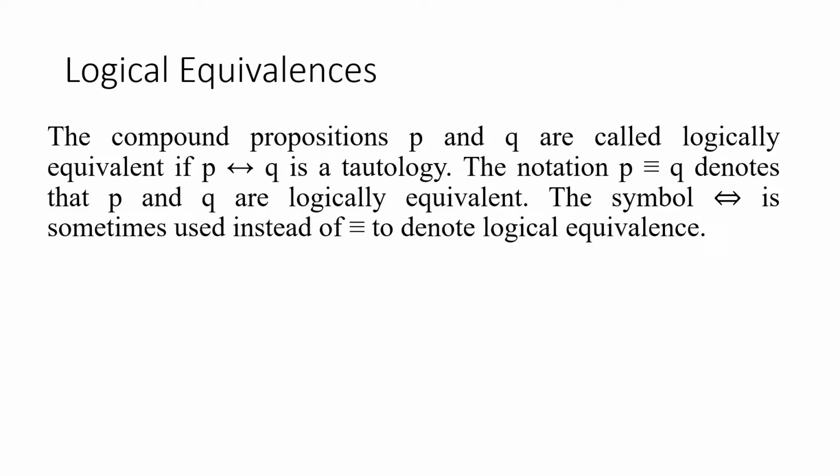You have there the notation: three dashes. P three dashes Q denotes that P and Q are logically equivalent. The symbol three dashes is not a logical connective, and P logically equivalent to Q is not a compound proposition, but rather a statement that P if and only if Q is a tautology.